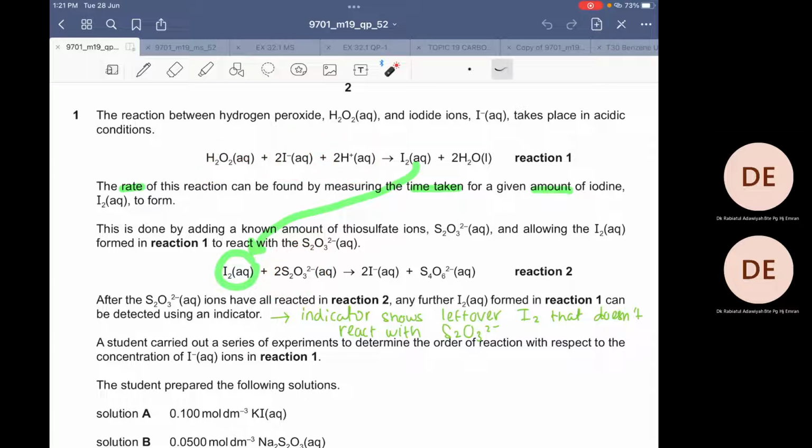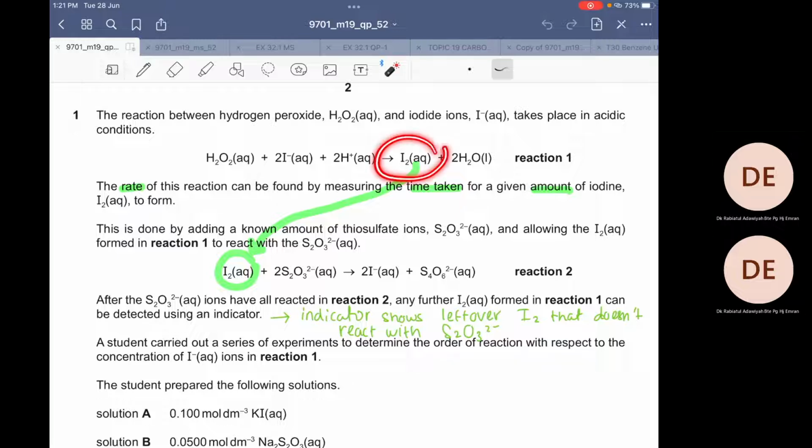So what happens in that reaction mixture? This will produce iodine. The moment iodine is produced, the thiosulfate will immediately reduce the iodine into iodide.